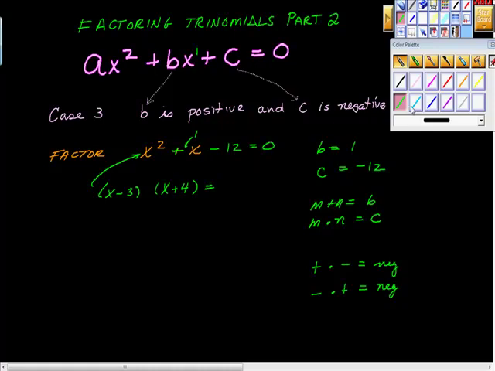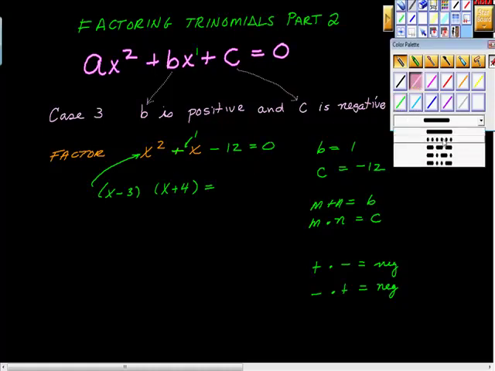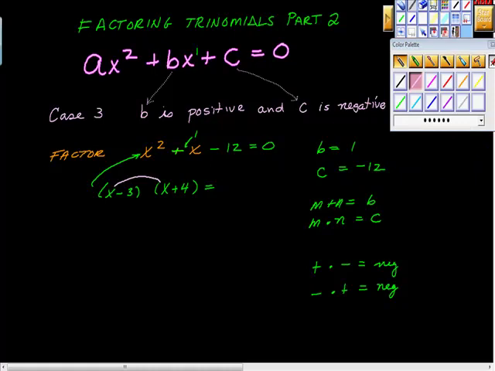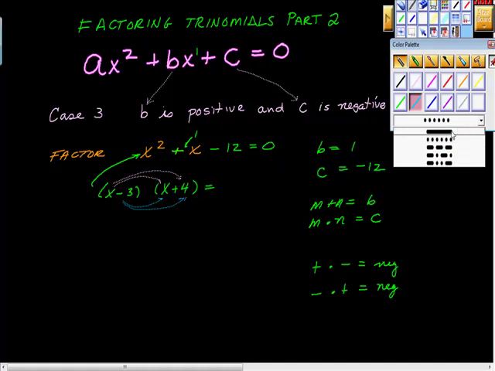I'm going to leave you to do this on your own, but I'll diagram it for you. Here's foil: first, outer, inner, and last. If you do that foil, you're going to find that it works out perfectly for us.